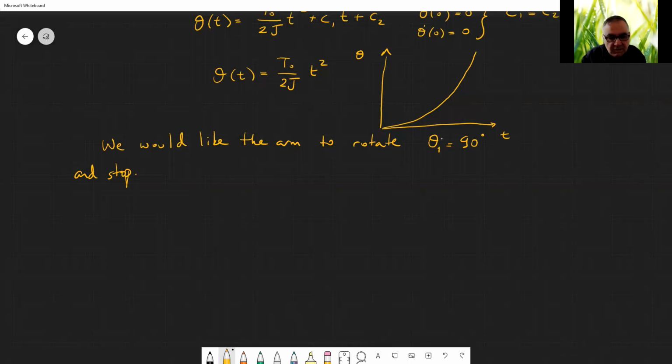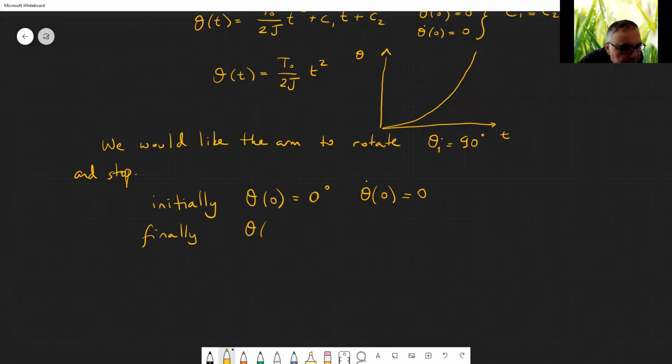You are initially at theta of 0 equals 0 degrees, and theta dot of 0 is 0. And finally, theta of t1 is 90 degrees, and theta dot of t1 should be 0.